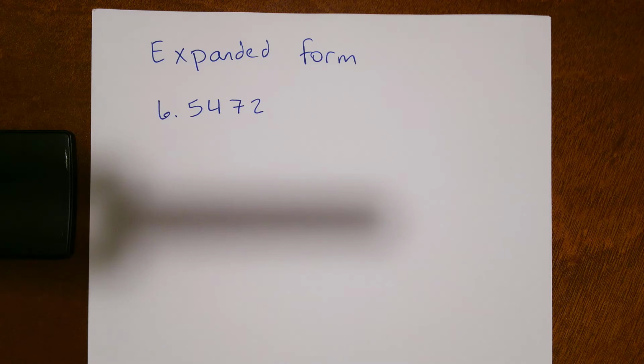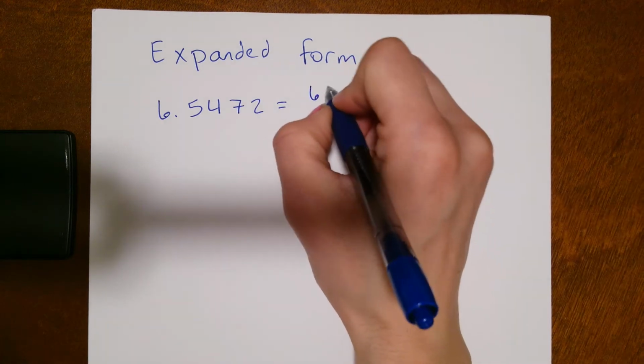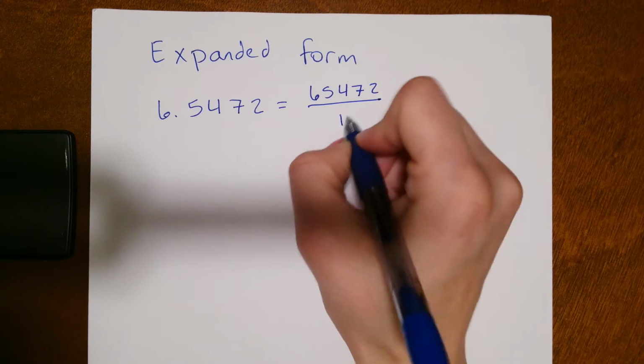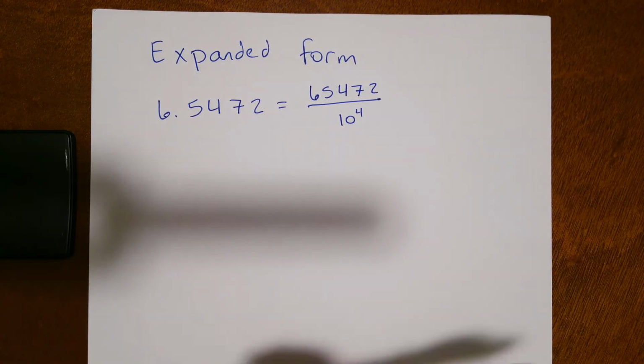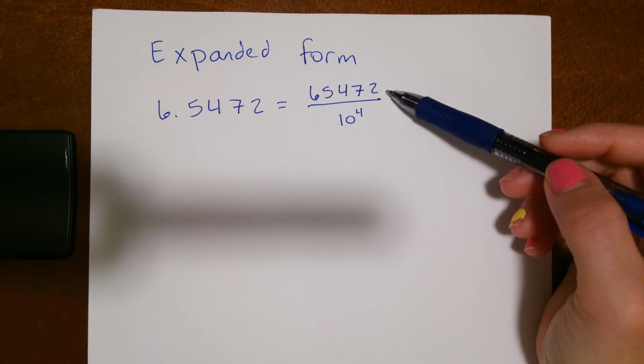I'm going to start, like we did in adding decimals, by writing this as a decimal fraction. So I'm going to get 65472 over 10 to the 4th power. Now, what was the purpose of that? Because of our place value, we know how to write a whole number in its expanded form.